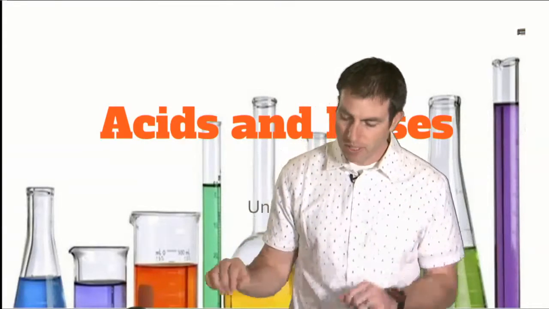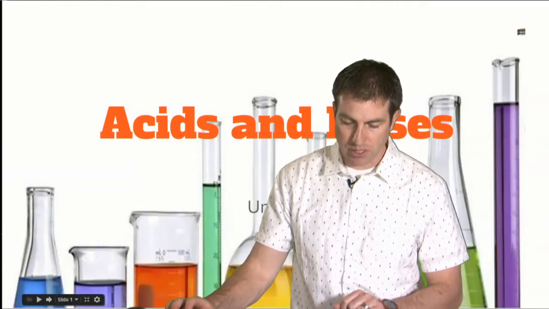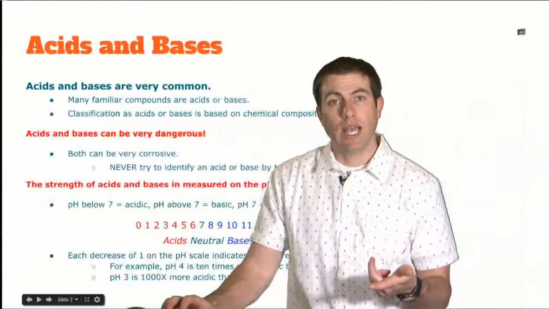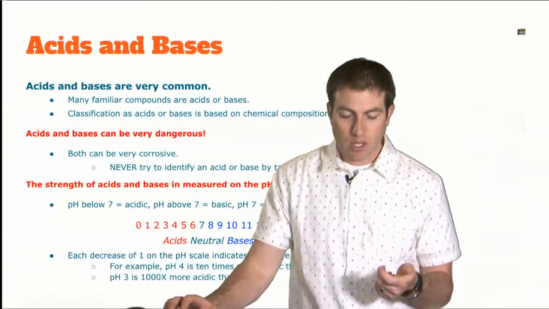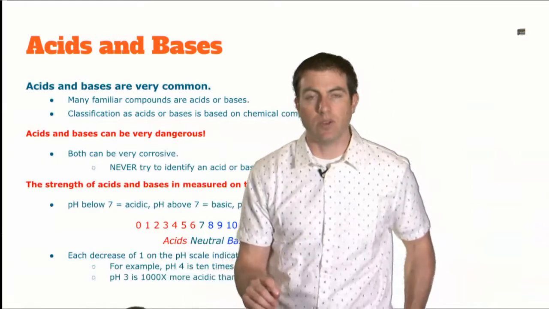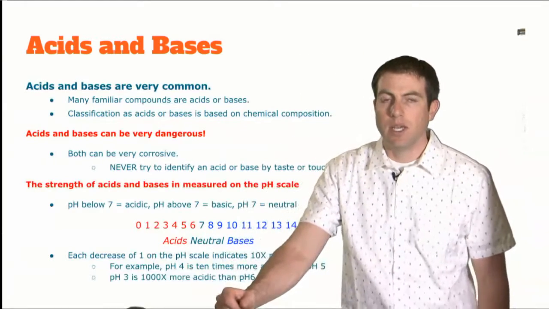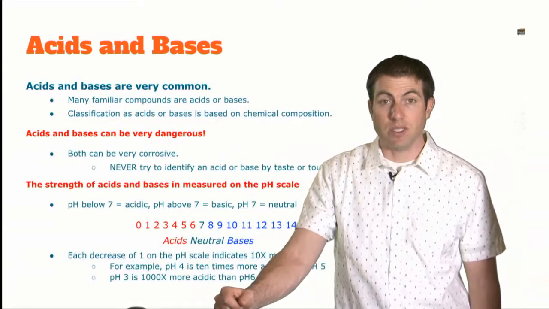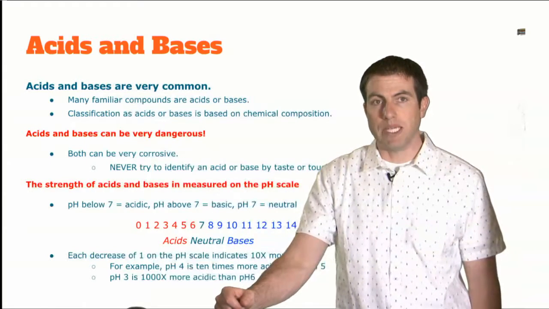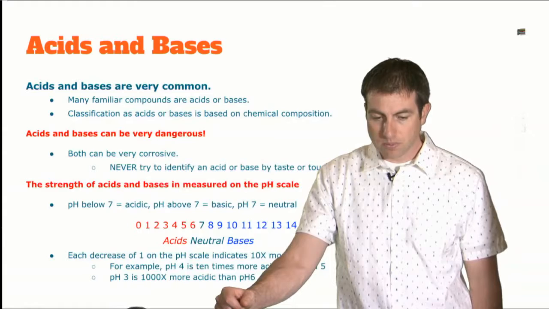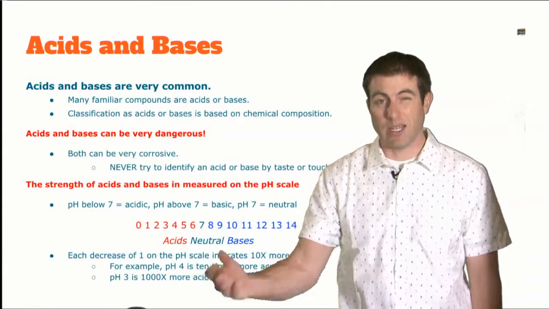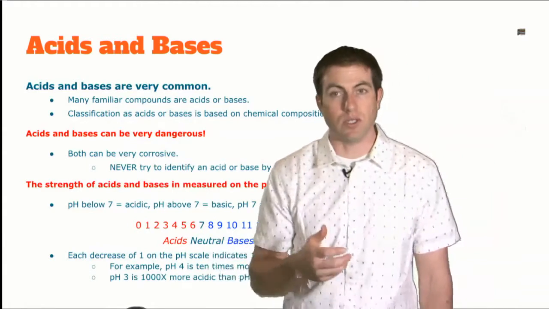That being said, we'll jump into it. Of course, we talked about acids and bases a little bit when we started dealing with neutralization reactions, because we needed to be able to identify what an acid was and what a base was. So in order to identify those things, we had to do this stuff already.